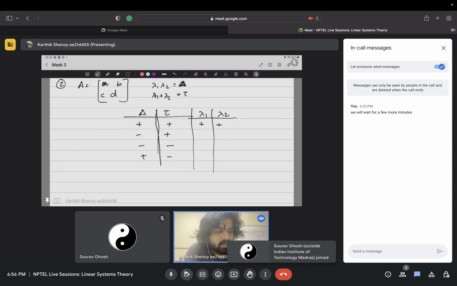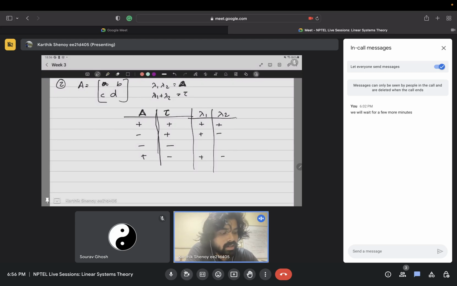If you have the determinant delta and trace tau, if both are positive, then we can say that the eigenvalues have positive real part. And if the determinant is negative, one of them is positive, the other one is negative.